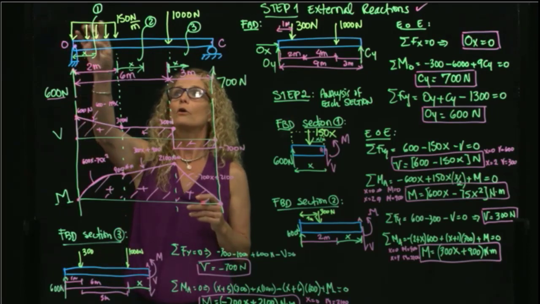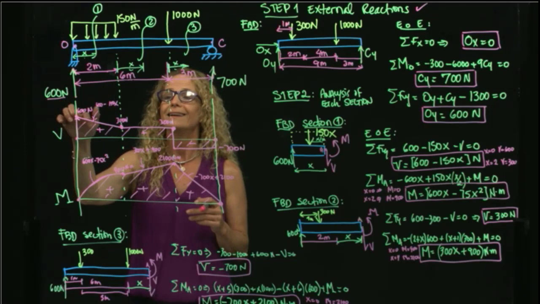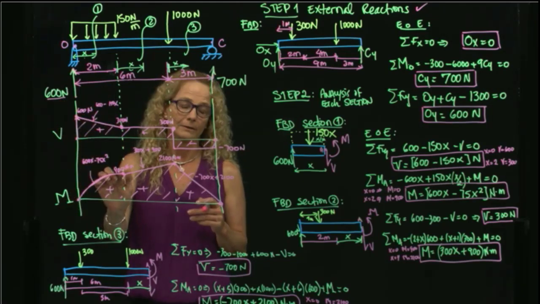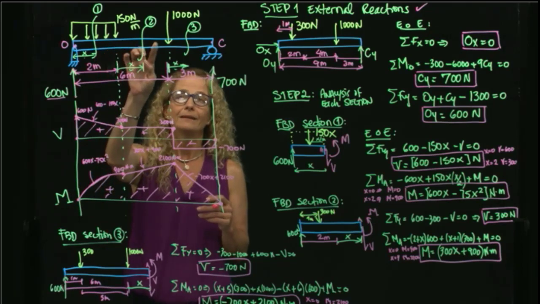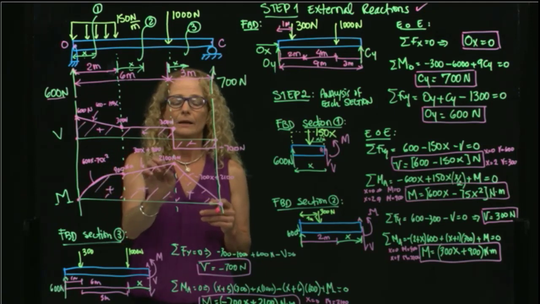If we have a constant distributed load that goes downwards, we will have a linear shear diagram, and we will have a quadratic bending moment diagram. If we do not have any distributed load, we have constant shear and linear moment.